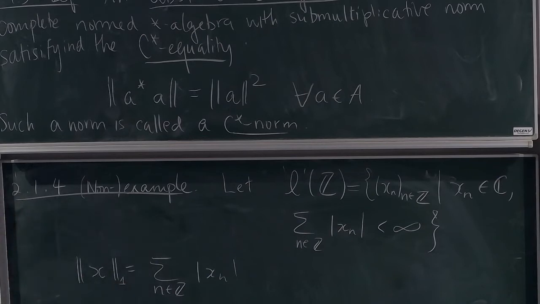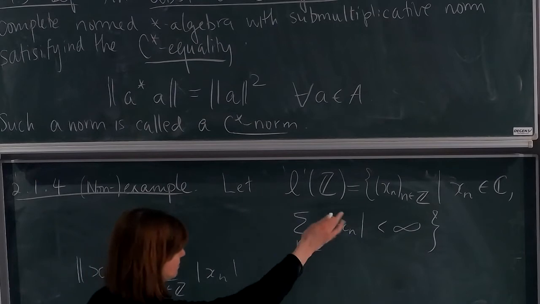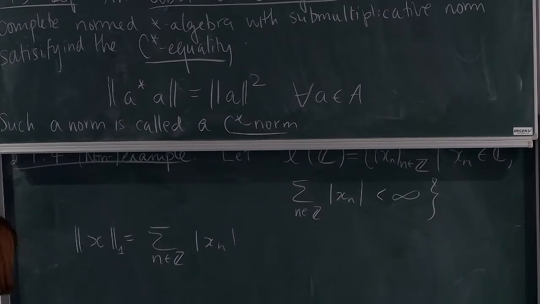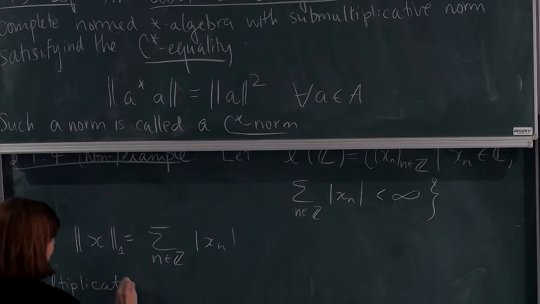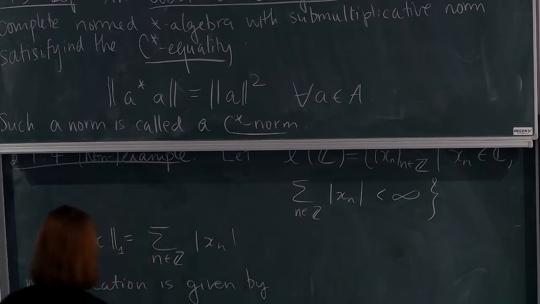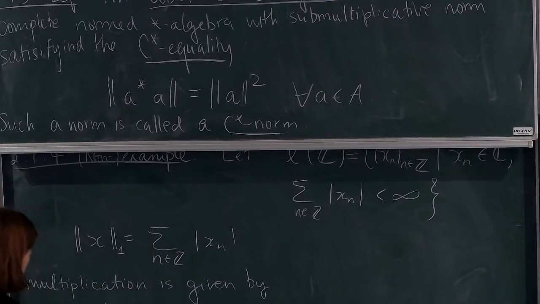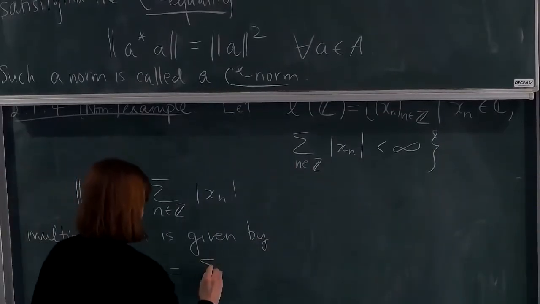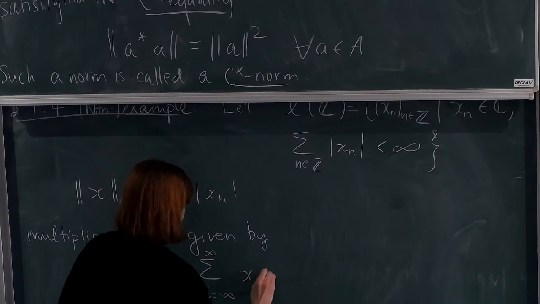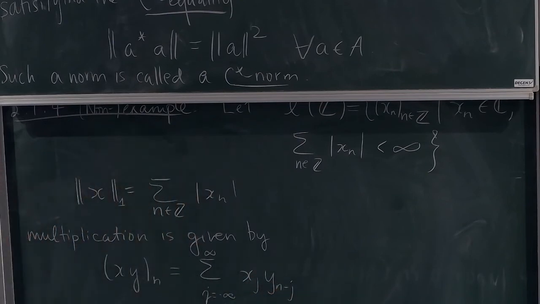And we can give this some operations. Addition will just be coordinate-wise, and we want multiplication to be convolution. So if we have two elements x and y, the nth entry is going to be the sum of x_j times y_{n-j}, where we sum over all such j's.